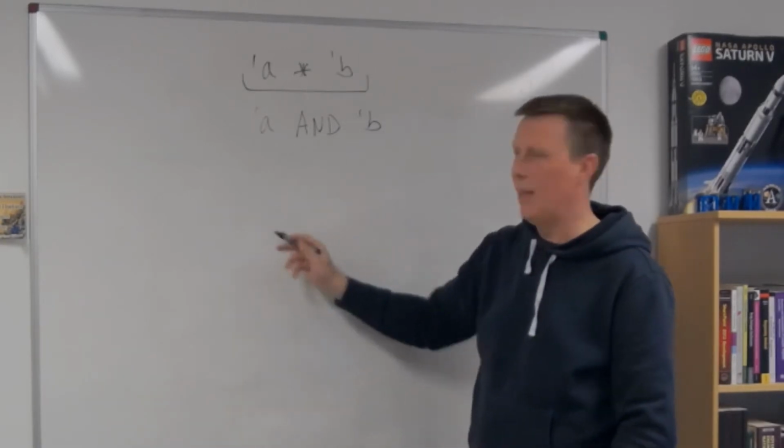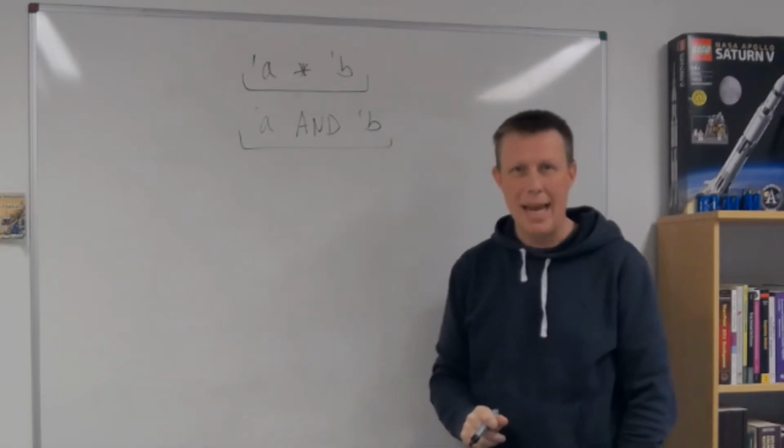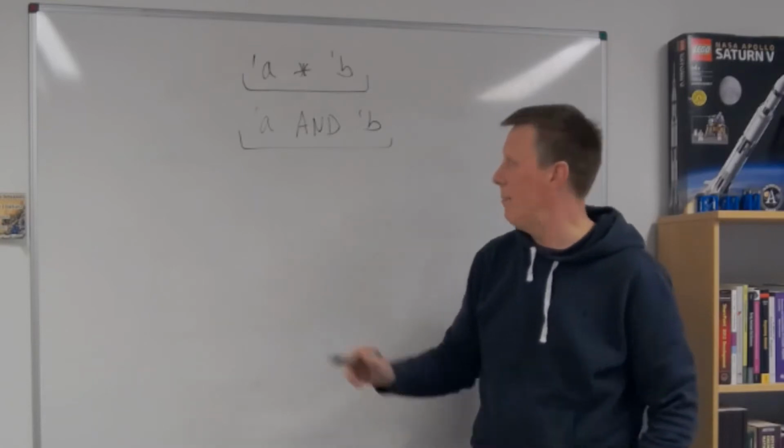If you spell it out like this, A and B, that means A and B. It doesn't mean A or B, or perhaps something else. It means exactly this.